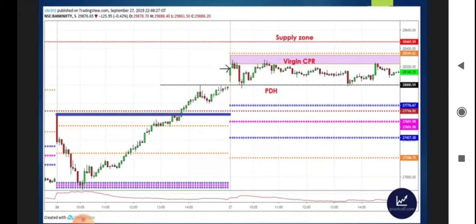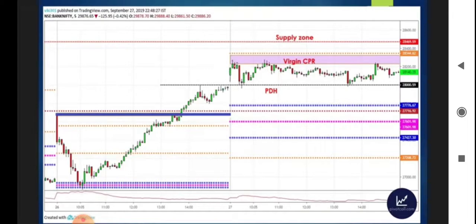Because the previous day there was a big move, they think the same thing will happen. They must have kept stop loss below the first green candle. And what happened? It reversed, and their stop loss was hit.